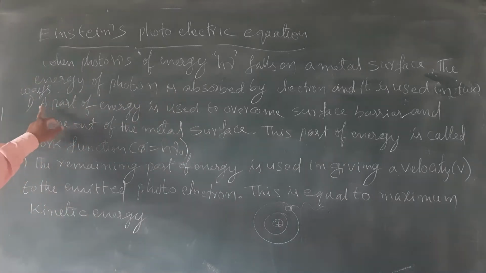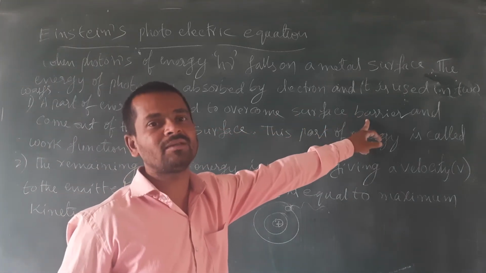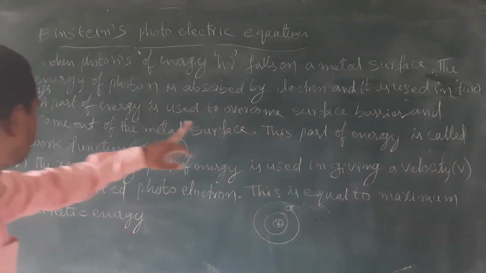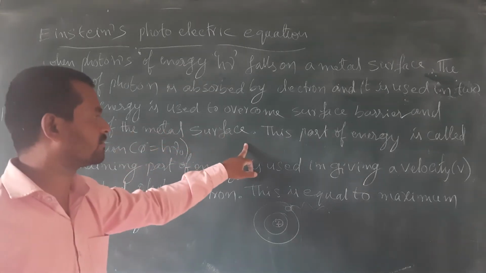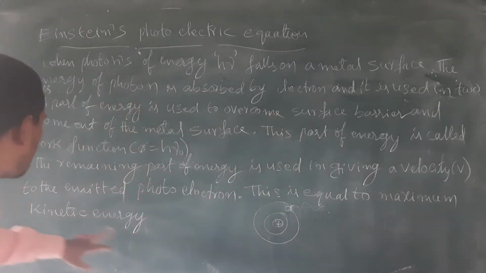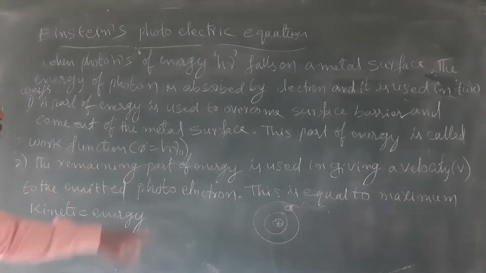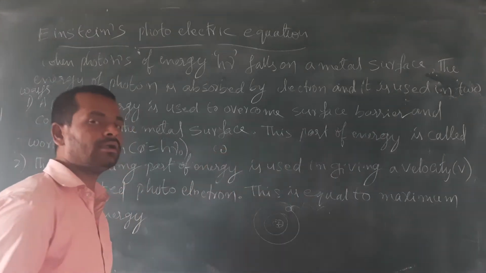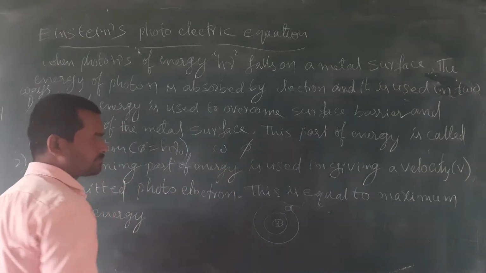See here once again, a part of energy is used to overcome the surface barrier, meaning the attraction between the electrons and the nucleus, to come outside of the metal surface. This part of energy is generally called the work function. Sometimes it is denoted with a W or sometimes with a phi also.